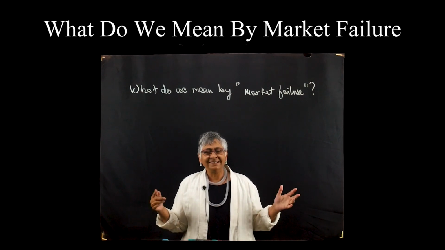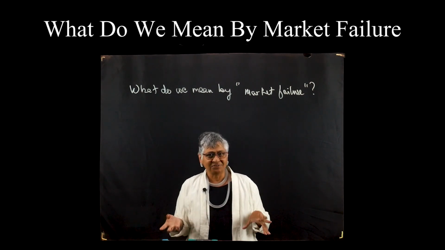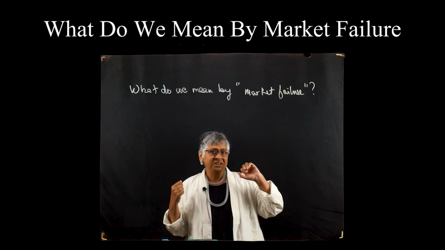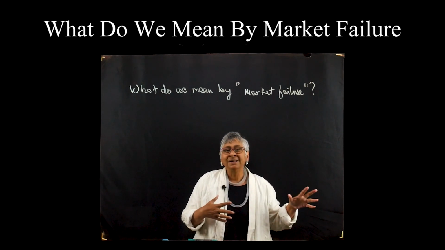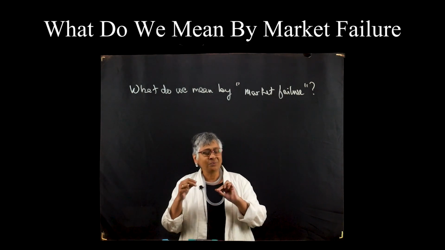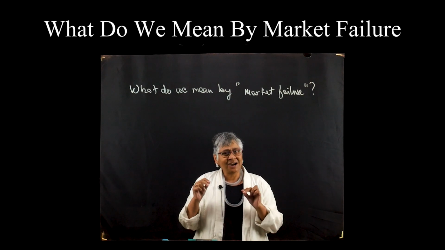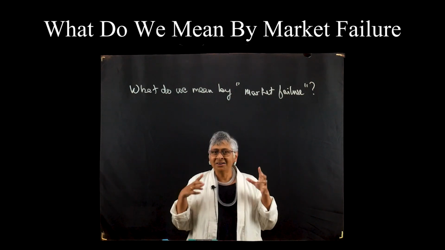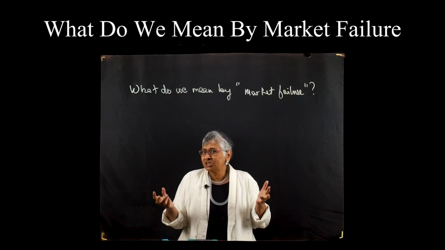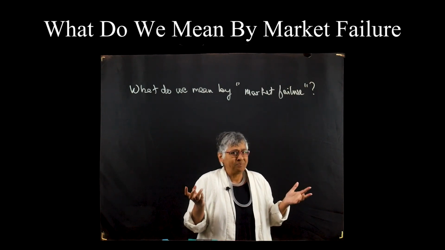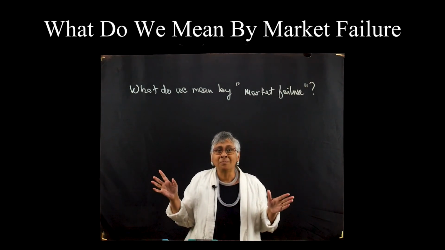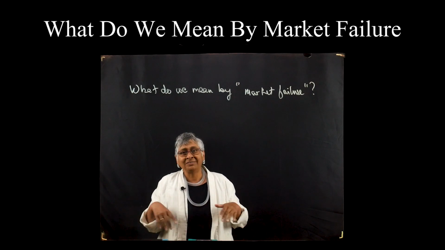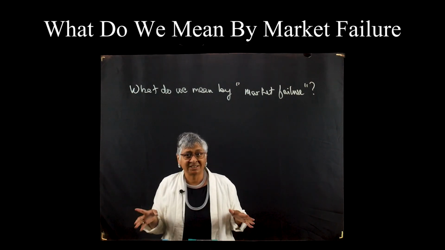Hello everyone, this is the first of a set of videos that are going to run us through the question of what do we do if our markets are not actually perfectly competitive. So we learned about the perfectly competitive model and we realized how many assumptions it had.